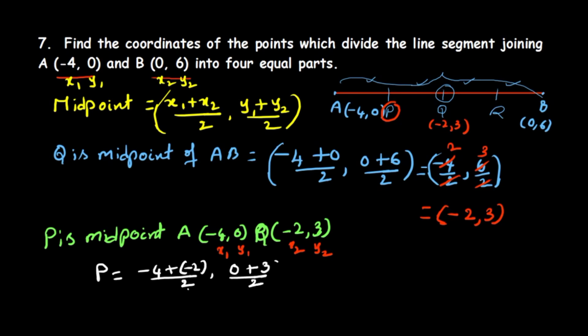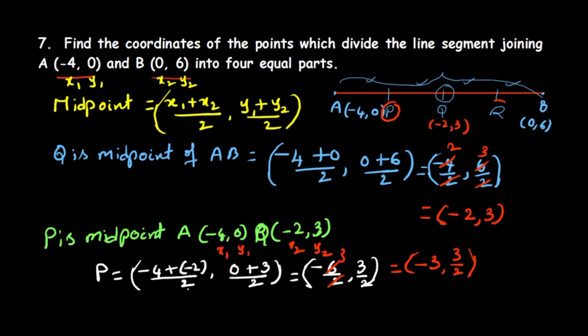So minus 4 plus minus 2 is minus 6 by 2, and this is 3 by 2. After the cancellation, we write minus 3 comma 3 by 2. So this is point P.